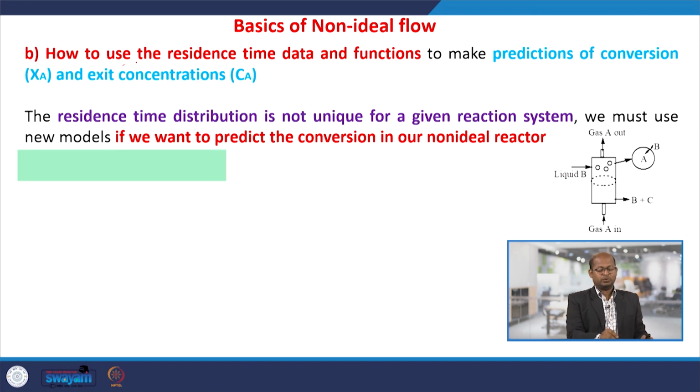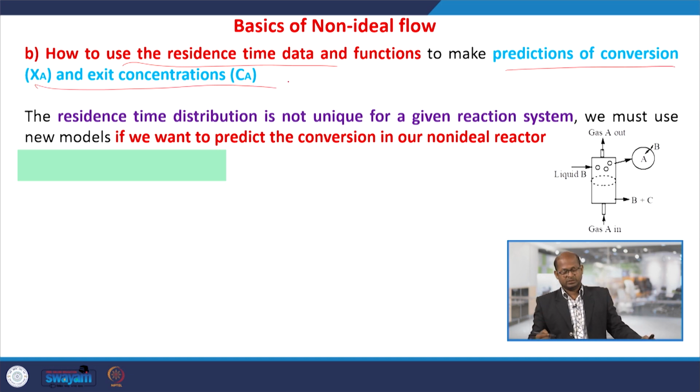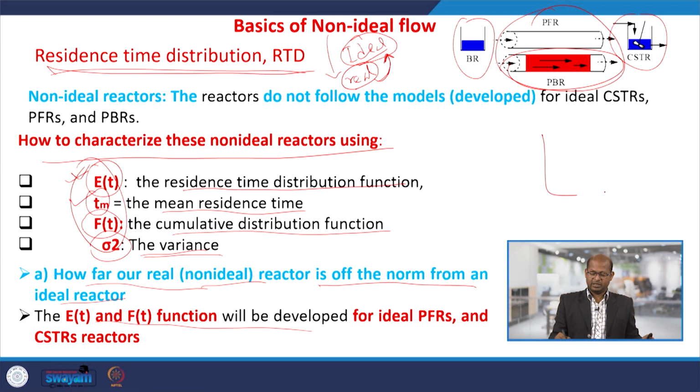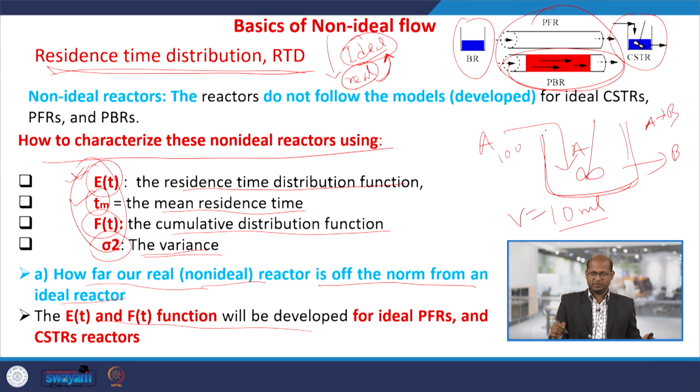Using those components we can predict the conversions and exit concentration. Let us say we have a reactor here, and we are conducting a reaction, A is coming in. If the reactor volume is very small, V equals 10 milliliter, then for conversion, Ca initially let us say is 100 mole per dm cube charged, and at the end of the reaction let us say we get 10 mole per dm cube.